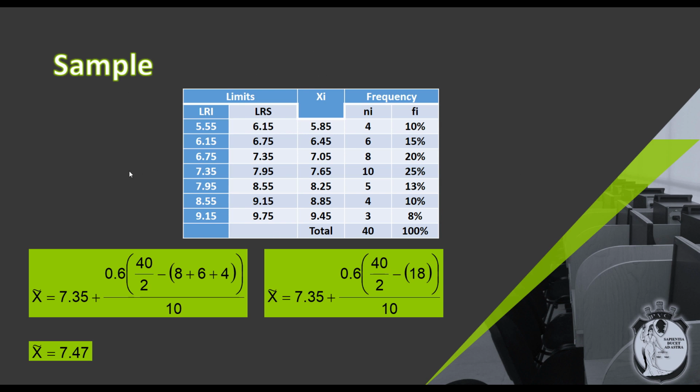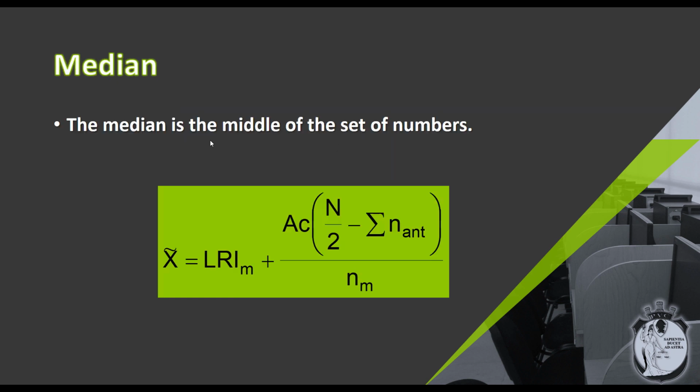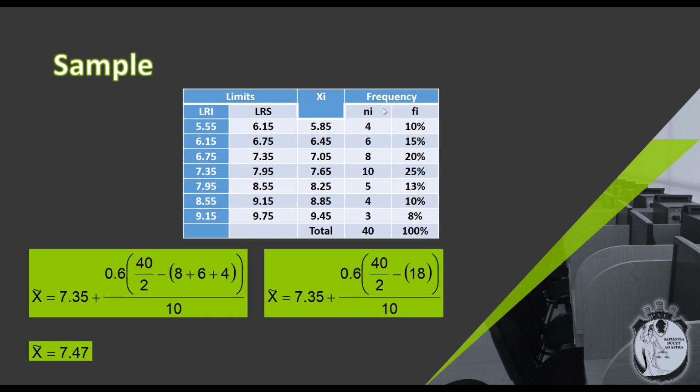Again, this is our frequency table. The first thing you need to remember is the middle. You need to check in your frequencies in which class the middle of the total data falls.